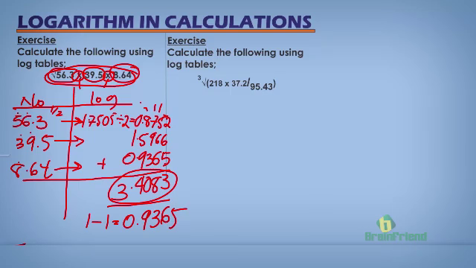That is, the number that answers our question here is therefore the anti-logarithm of 3.4083. To get our number, we need to find this anti-logarithm.